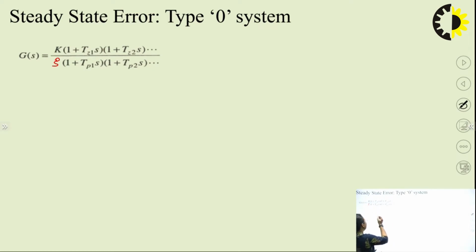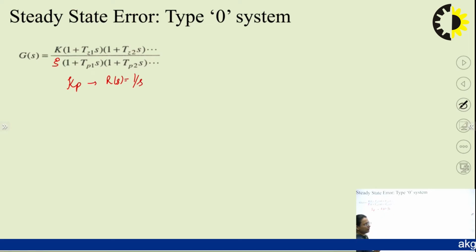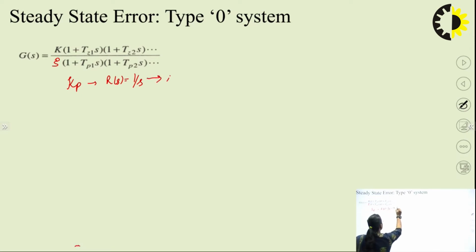Since we know that to find the value of Kp, the input R(s) will be equal to 1 by s, that is a unit step input. Here G(s) is given to us, and the value of Kp is limit s tends to 0 of G(s). So let's put the value of G(s) in this equation.